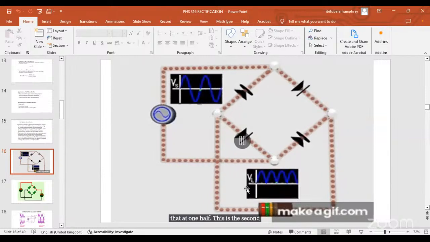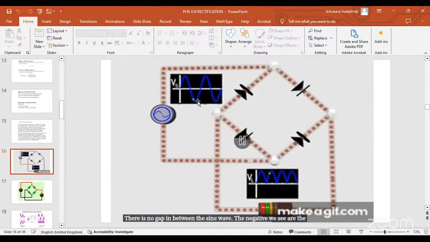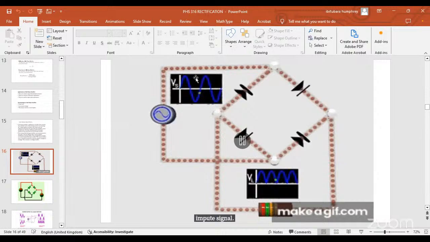At the output voltage, you see that there's a complete sine wave. Though you are not seeing any negative one, there is no gap in between the sine waves. The negative we see at the input signal has been converted to a useful signal out there.